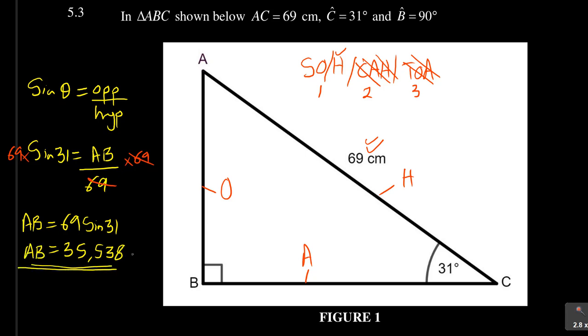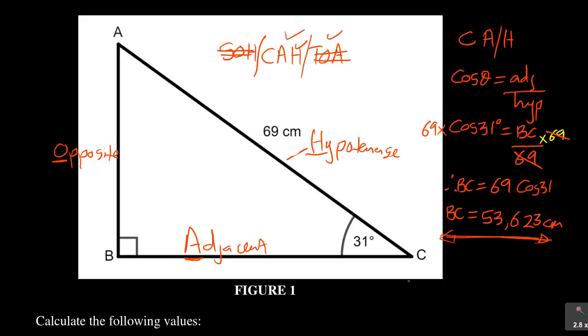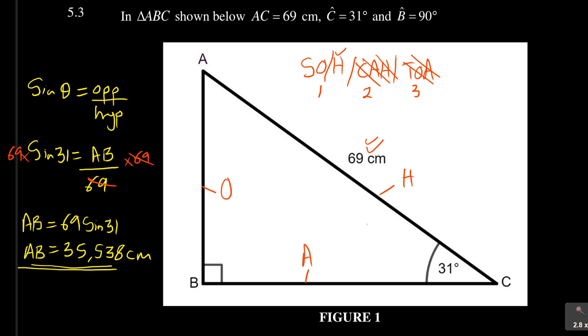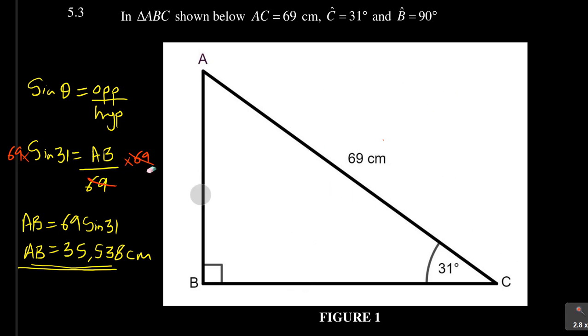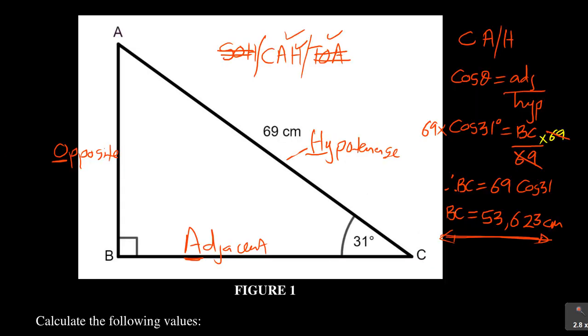So remember, the units is in centimeters, and then again previously we were looking at 53.623. But now you could have worked this question differently. You could have actually used Pythagoras theorem here. Remember, it's a 90 degree. You know from the previous question that the adjacent was 53.623.